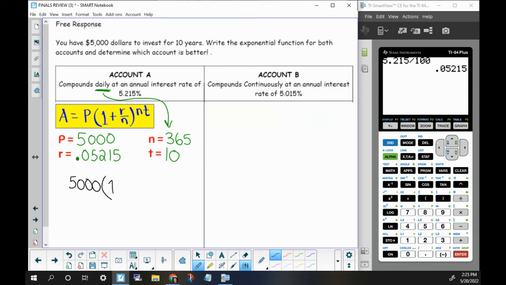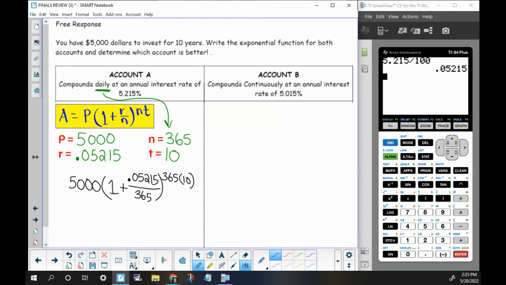We got 1 plus our R, which is 0.05215, divided by 365, close parenthesis. Then we're going to raise that to the power of nt, and our n is 365, and then our t is 10.